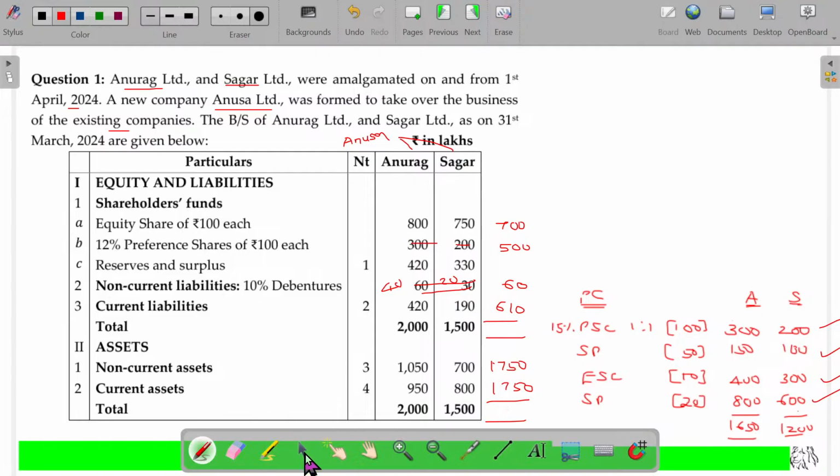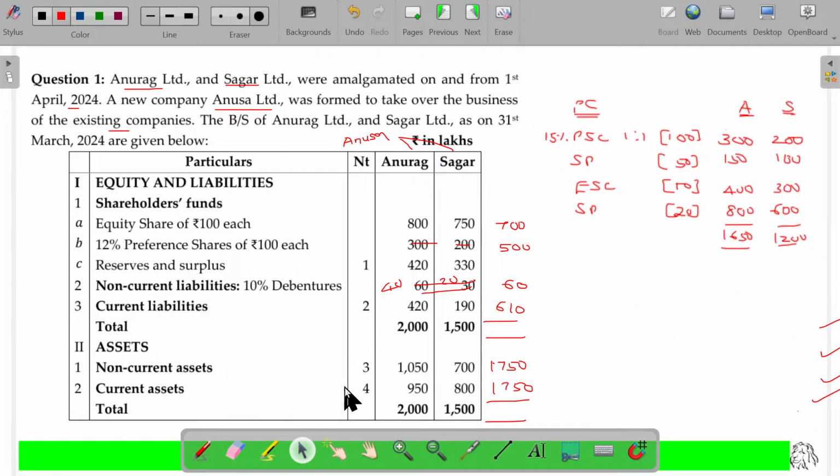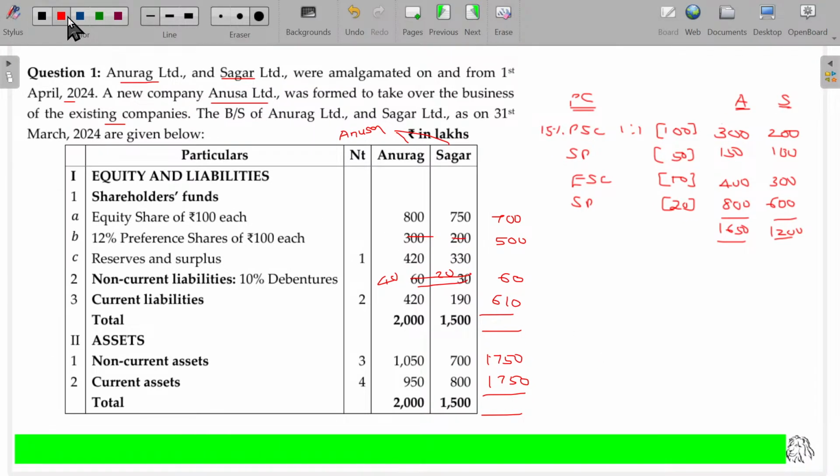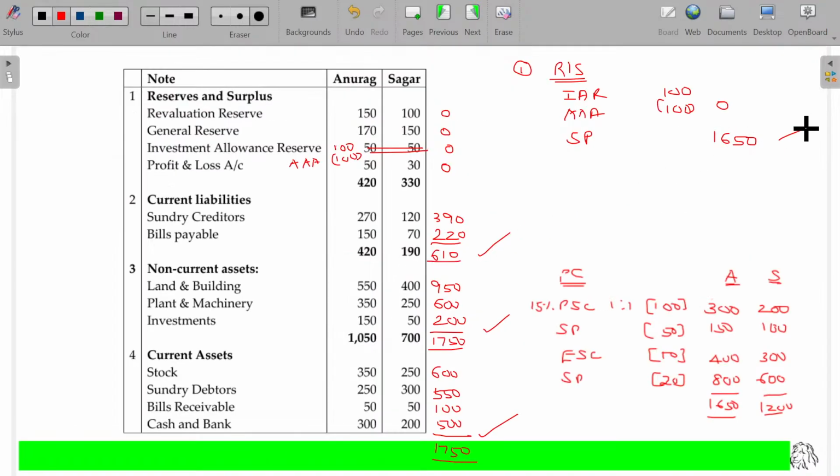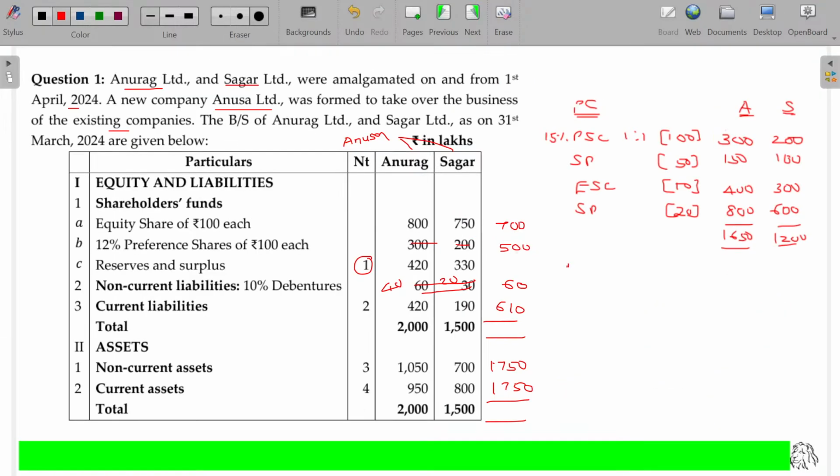Now the problem arises to find out whether there is goodwill or capital reserve. As per schedule number 1, how much do you have? 1650. You have 1650. Clear? Come on, total the assets and liabilities and check whether it is tallying or not. I just did line by line addition. If it is not tallying, there will be capital reserve or goodwill. Is it tallying or not?